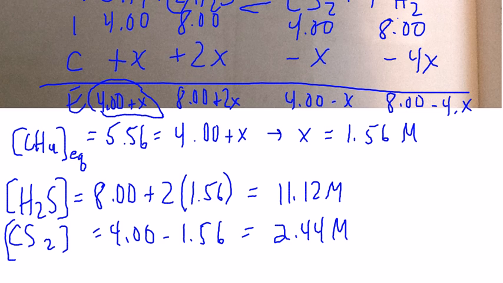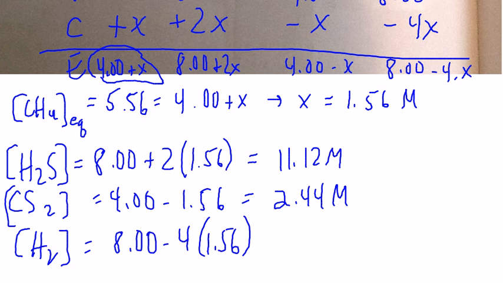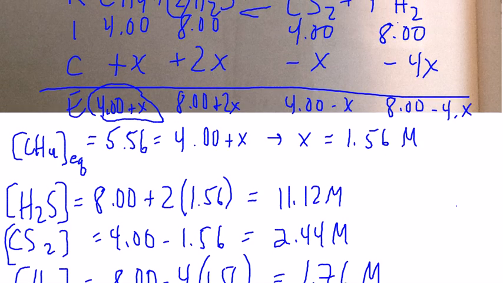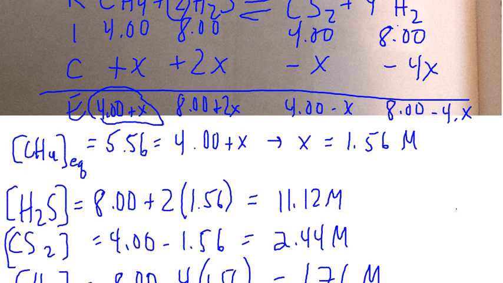And we have the H2 concentration, and that's equal to 8 minus 4 times 1.56. And that's equal to 1.76 molar. So by using a RICE table, we can envision how these different concentrations change. And of course, by knowing what the methane's concentration is, we can deduce what the rest is by solving for x.